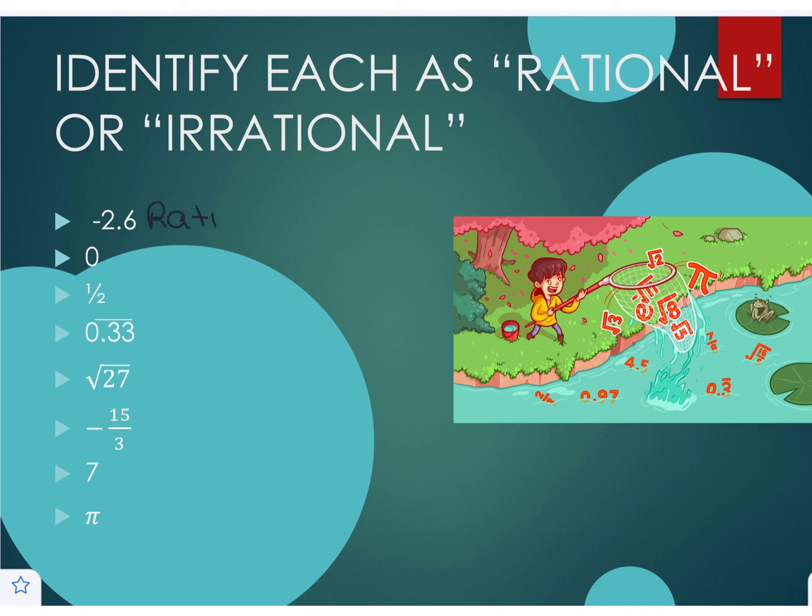And that one's going to be rational because it is a terminating number. 0 is also rational. 1/2, also rational. 0.33 with that line over it means it's 0.33 repeating. That's rational.